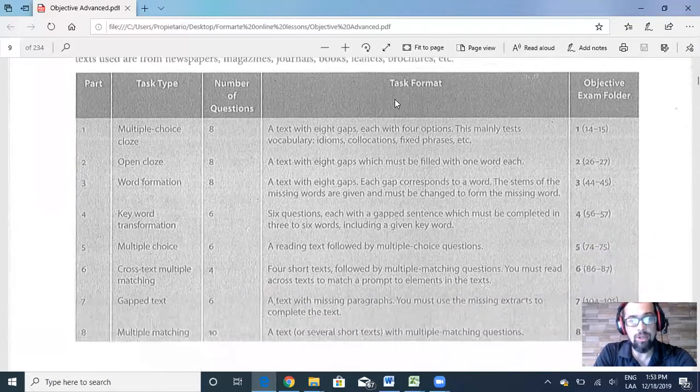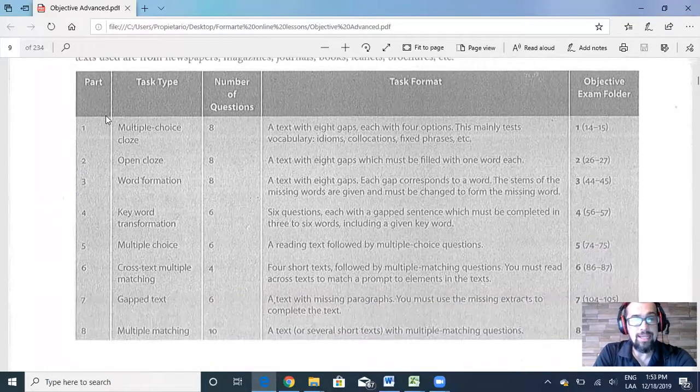There's something very important. As you can see, this test has 8 different parts. For example, multiple choice cloze, open cloze, word formation, keyword transformation, a multiple choice, cross-text multiple matching, a gapped text, and a multiple matching.